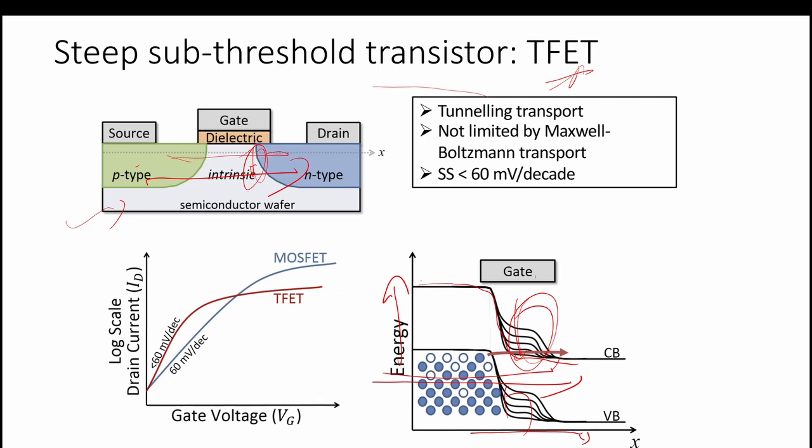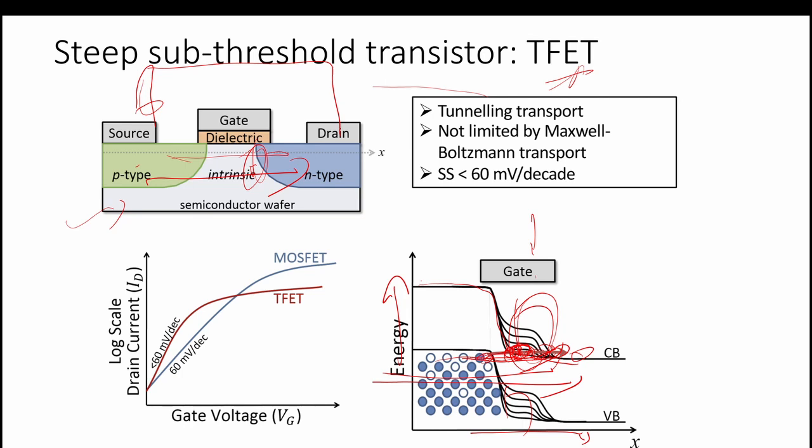As we apply the voltage between source and drain, these two come very close to each other, and there are available states at this level also. As we apply the gate voltage, there will be tunneling of the charge carriers.